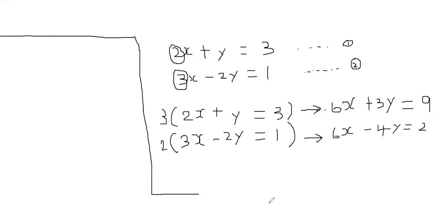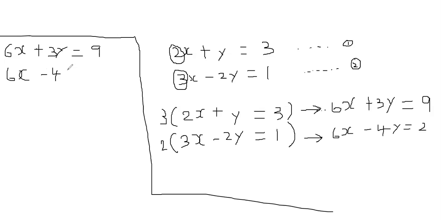It will be eliminated. So here we have 6x plus 3y equals 9. 6x minus 4y equals 2.